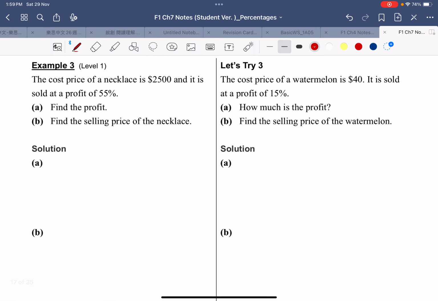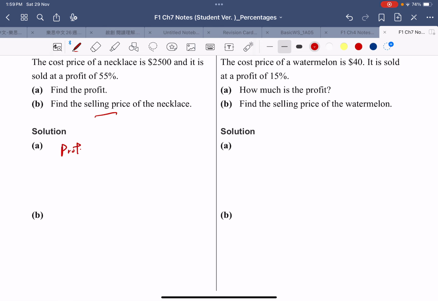Okay, so sometimes you need to find the selling price instead of the profit percent. So find the profit first, the A part. Profit is the cost, you can omit the dollar sign for the step, multiplied by the profit of 55%. Multiply it together, it gives you the money you earn.